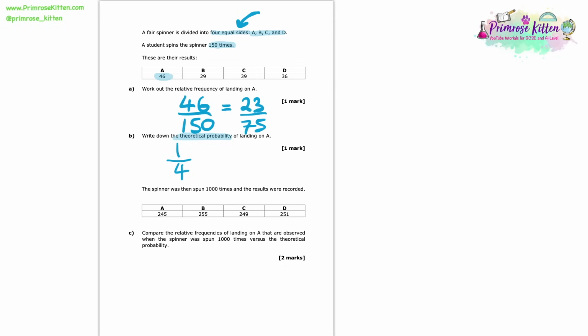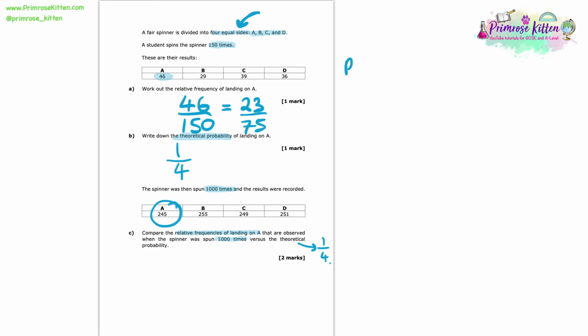Next up, we're told that the spinner was then spun 1,000 times and the results were recorded. We're asked to compare the relative frequencies of landing on A that are observed in this case, when the spinner was spun 1,000 times, versus the theoretical probability that we said was 1/4. So we're looking at A again.